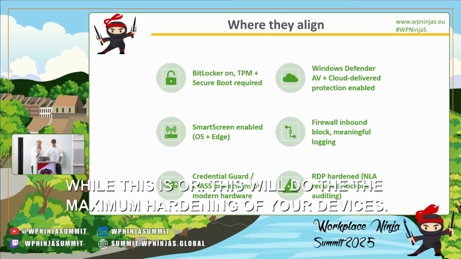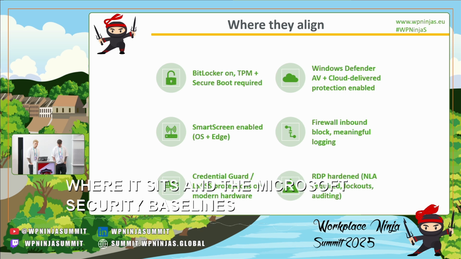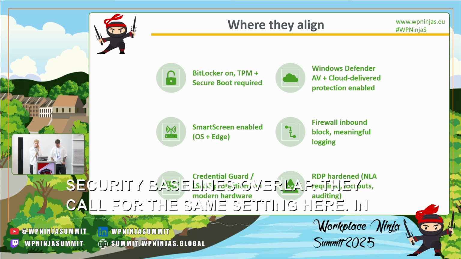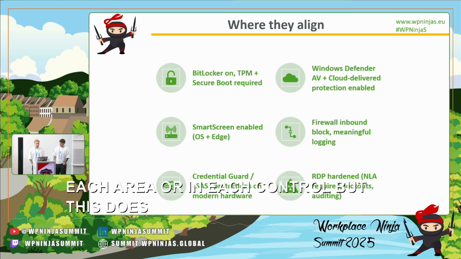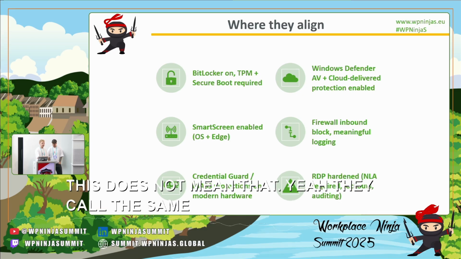Just briefly, this slide shows where CIS and the Microsoft security baselines overlap. They call for the same setting in each area or in each control, but this does not mean that they call for the same configuration in the setting.